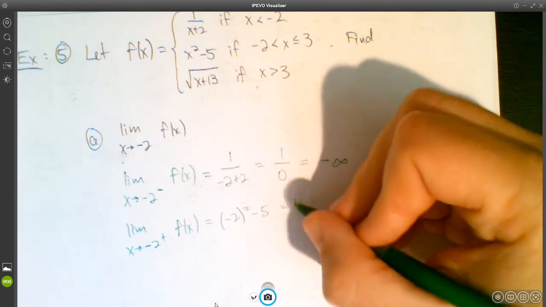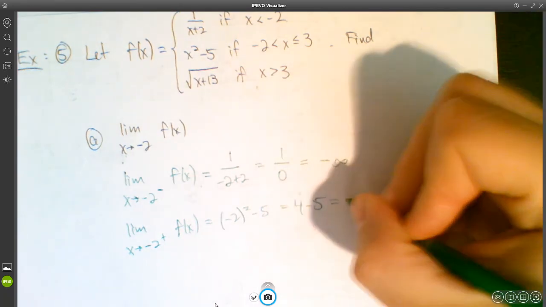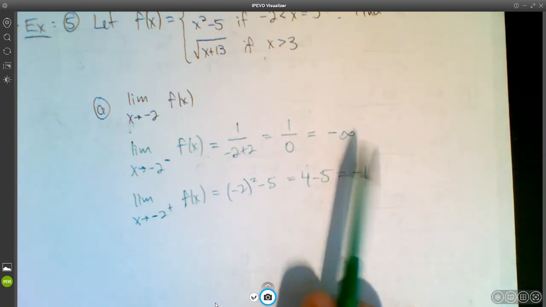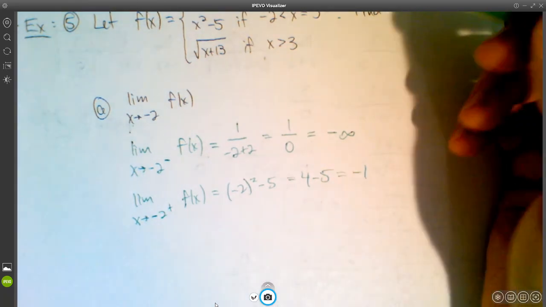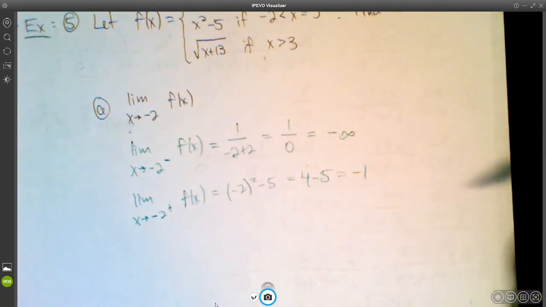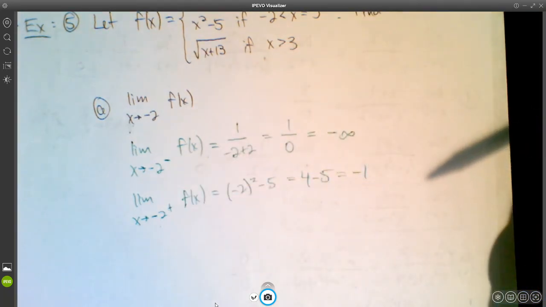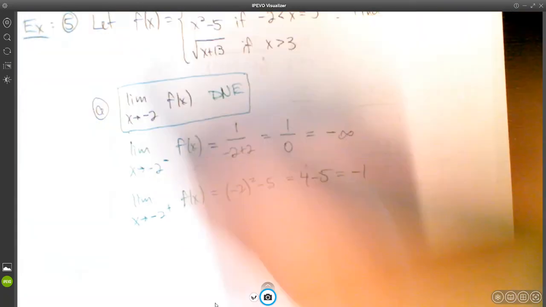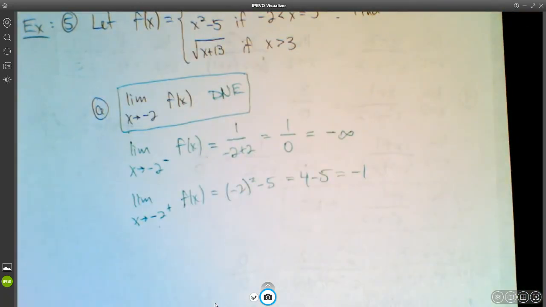Negative 2 squared is 4, and 4 minus 5 is negative 1. So the limit as we approach from the left is negative infinity, and the limit as we approach from the right is negative 1. So therefore this limit does not exist, right? The two-sided limit does not exist because you're approaching different values from the two different sides.